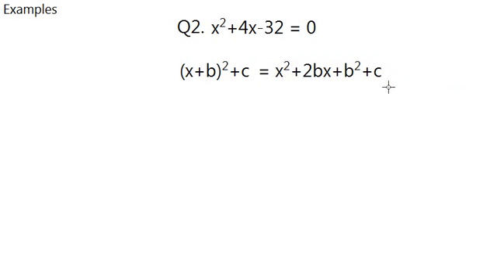And what you need to do is find your like terms between these two equations and solve for b and c. For the first term, the x squared term, you can do nothing about it because there isn't any useful information. For 4x and 2bx, we know that they must be equal because there is only one x term right here.